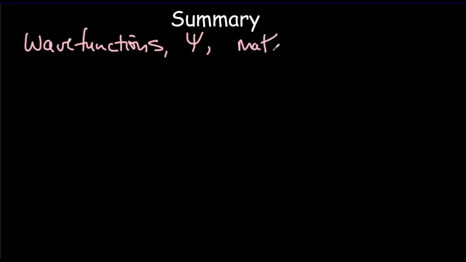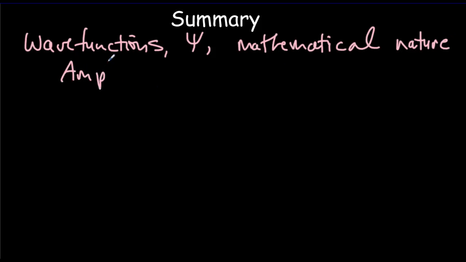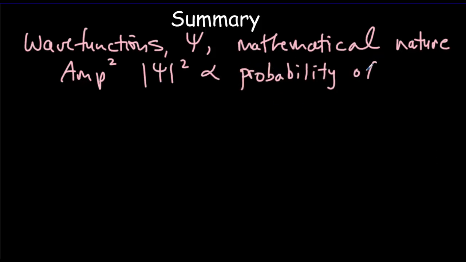Let's summarize the big ideas from the video. So the video was all about wave functions, and these wave functions stem from the idea of matter waves, but were mathematical in nature. And the amplitude of these wave functions squared would vary as the probability of finding the electron.